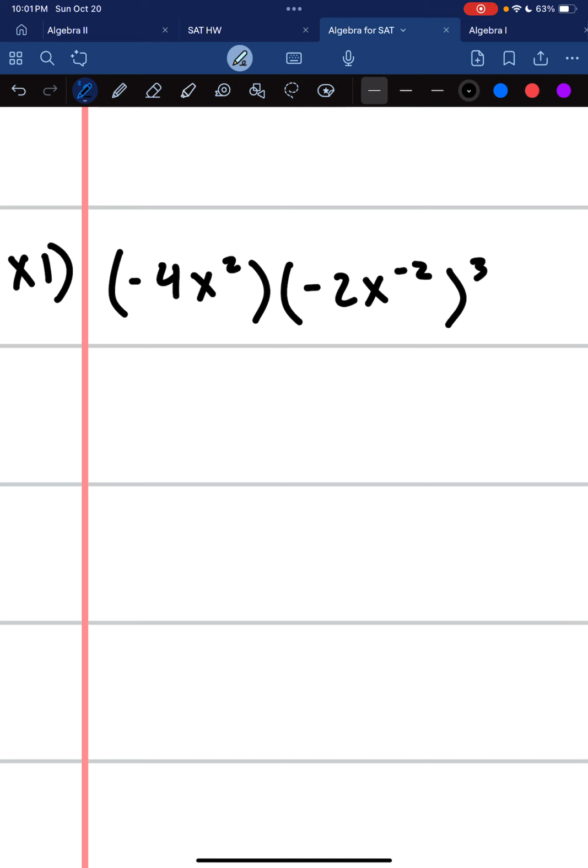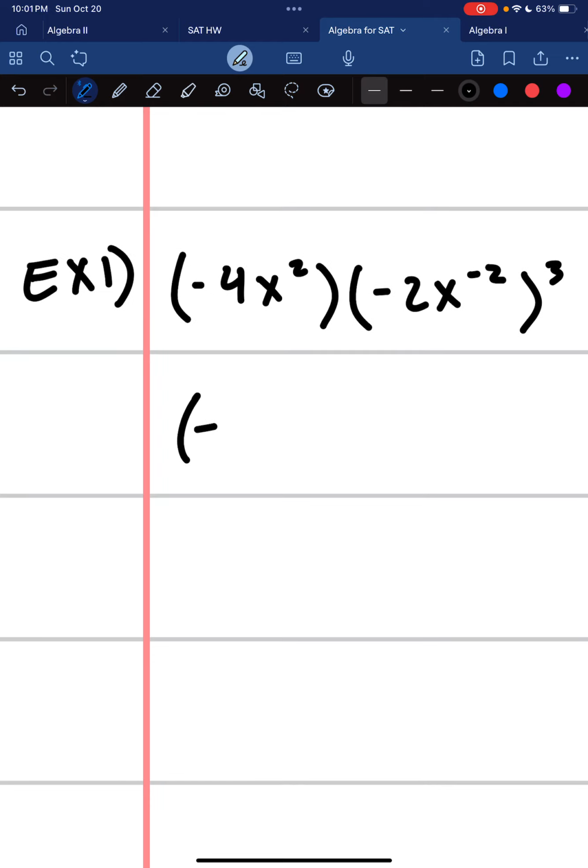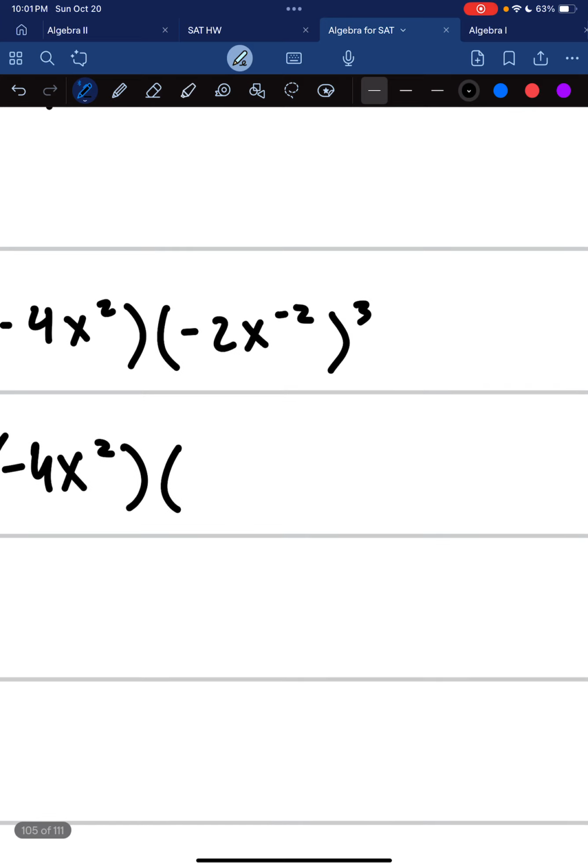What we're going to do here is first apply this 3 exponent to these numbers in here. So this part is going to stay the same. And then over here, if I apply 3 to negative 2, right? So I get negative 2 to the power of 3, that's negative 8. Negative 2 times negative 2 times negative 2 is negative 8. And then if I apply the 3 exponent to this, it's going to multiply with this.